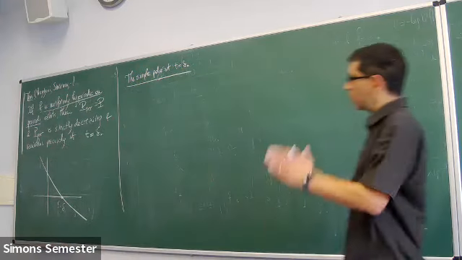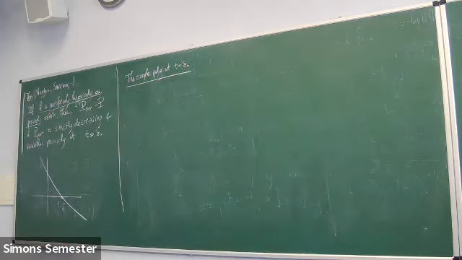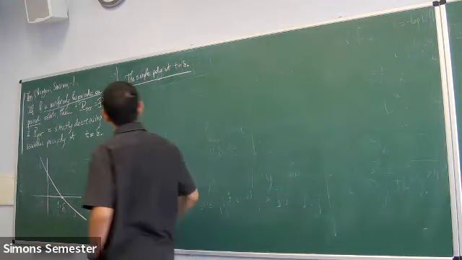So we already know that we have convergence to the right of delta. And so let's discuss next the simple pole at delta.